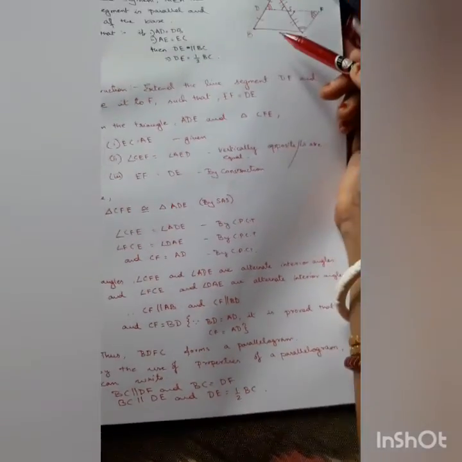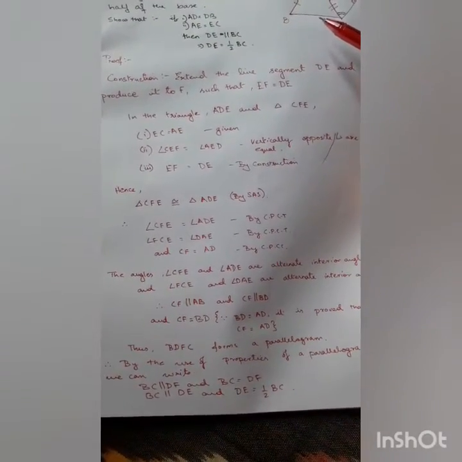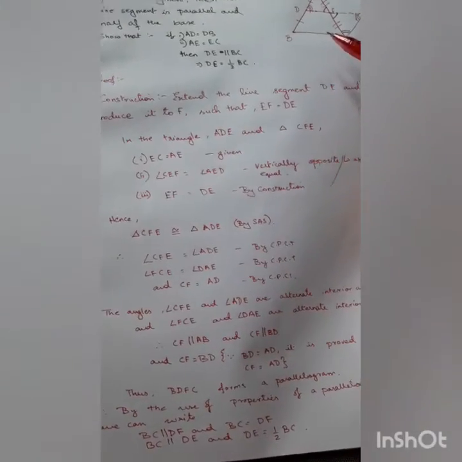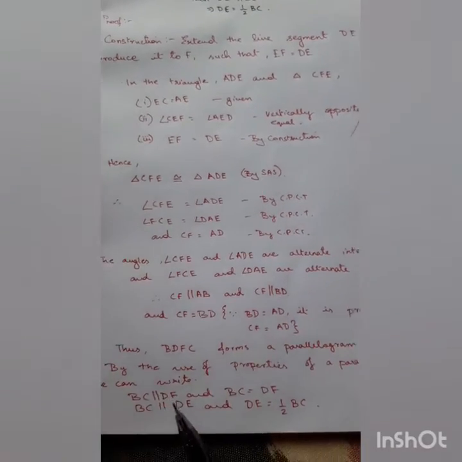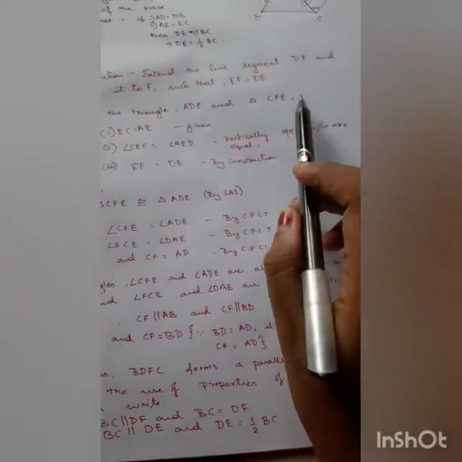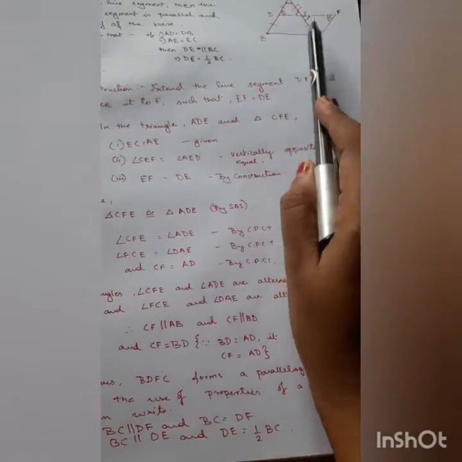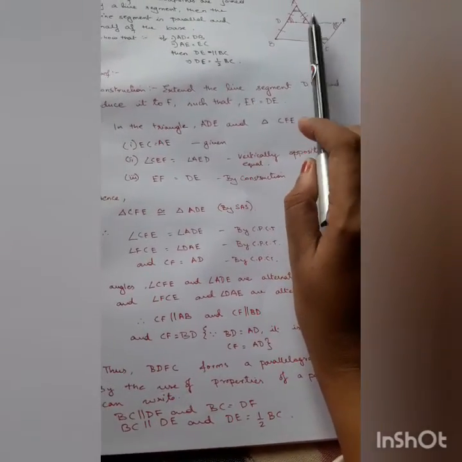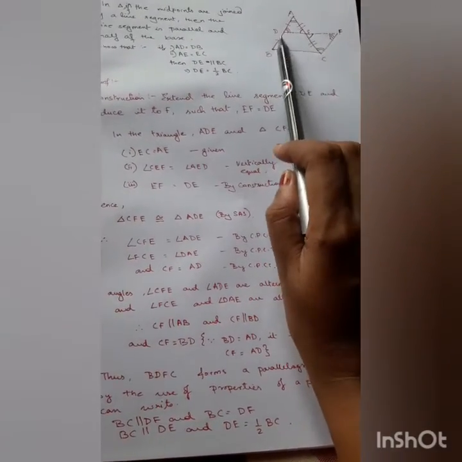By the use of the properties of parallelogram, now we can say that BC is parallel to DF and BC equal to DF. See, since it is a parallelogram, opposite sides are parallel. So BC is parallel to DF and BC equal to DF.